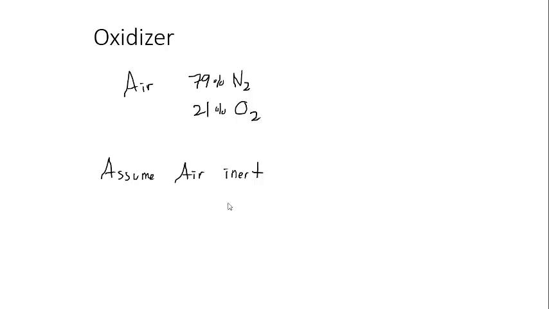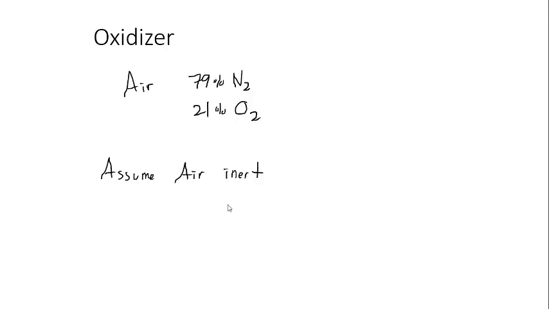We're going to look at air in terms of getting 1 kilomole of oxygen. So for every kilomole of oxygen, you get 3.76 kilomoles of nitrogen.